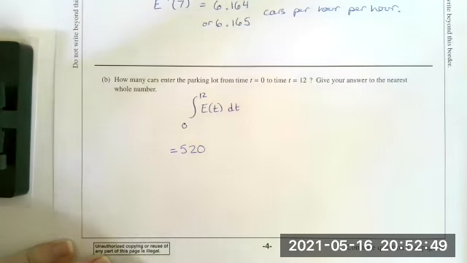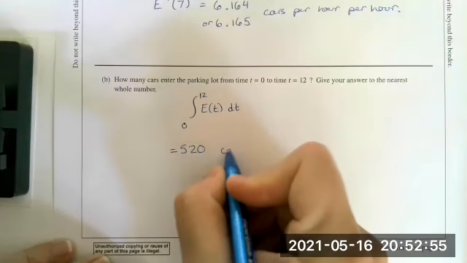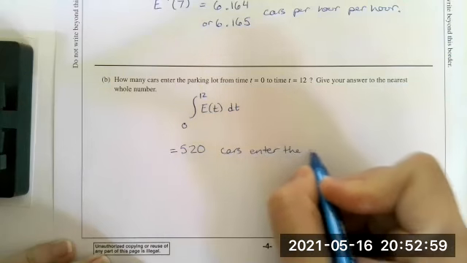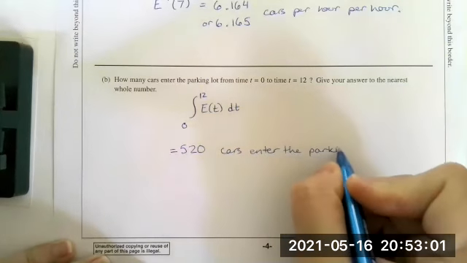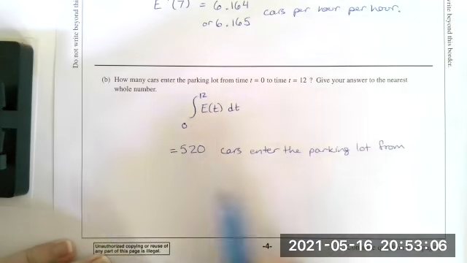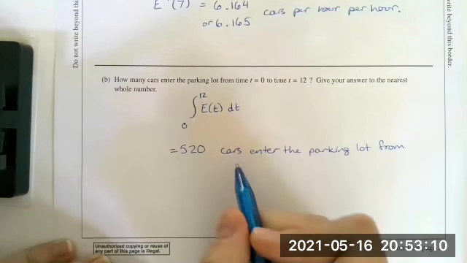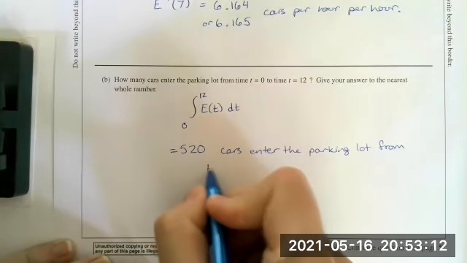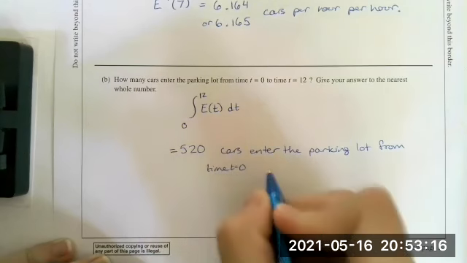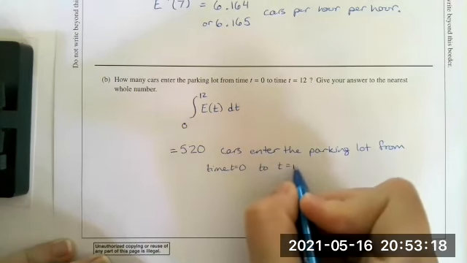You do have to just say the nearest whole number because you can't have 0.07's worth of a car. 520 cars enter the parking lot from, now I'm being a little generous here, it doesn't require me to interpret it, but I am, 520 cars enter the parking lot from time t equals 0 to t equals 12.